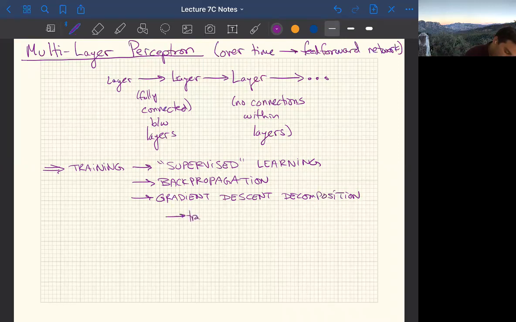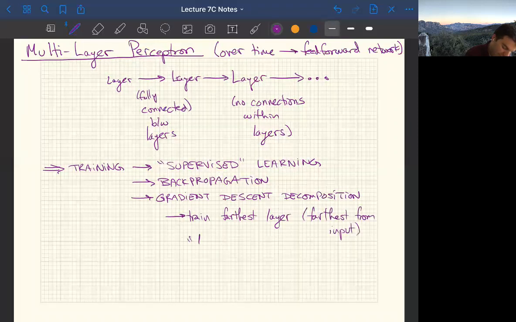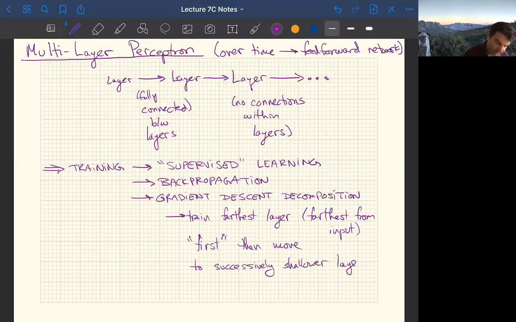So you can effectively train, I'll say, farthest layer first, so farthest from input, although I'm using this term very loosely, then move to successively, I guess I'll say, shallower layers.